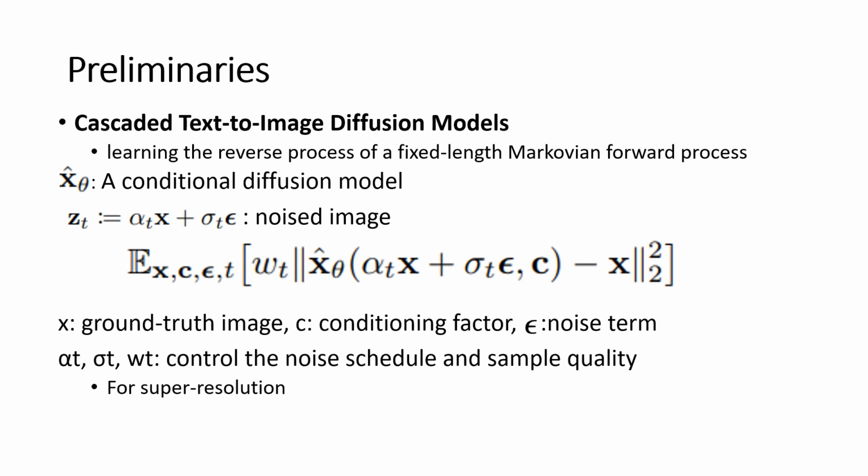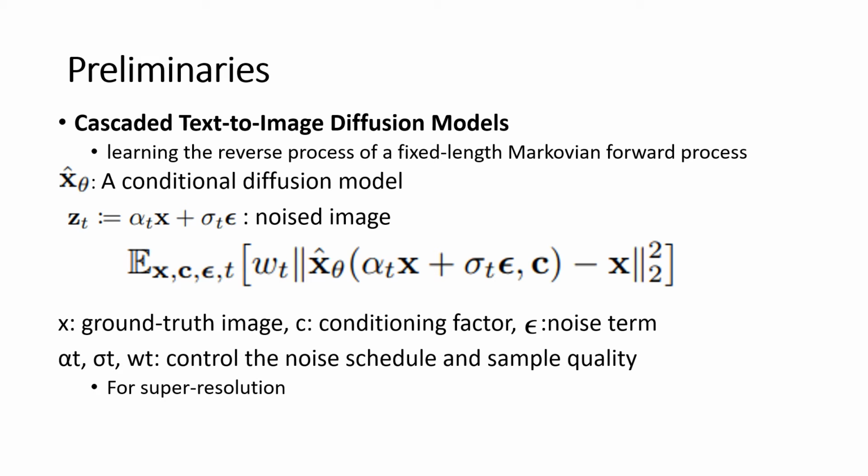What we need to know for cascaded text-to-image diffusion models. So we know that diffusion models are trained to learn a data distribution by the gradual denoising of a variable sampled from a Gaussian distribution. This corresponds to learning the reverse process of a fixed-length Markovian forward process. In simple terms, a conditional diffusion model.